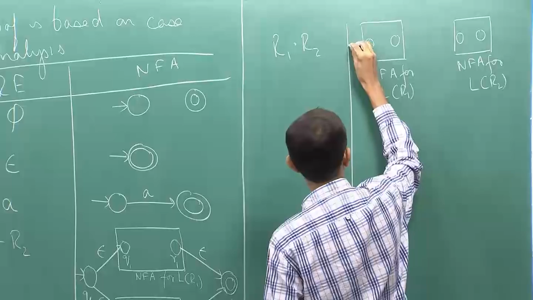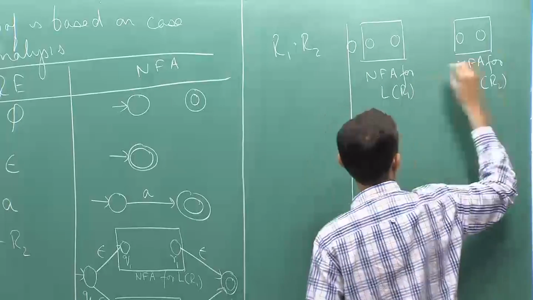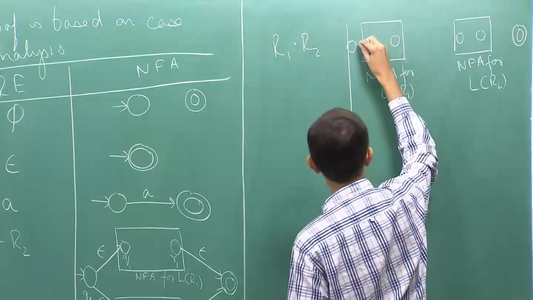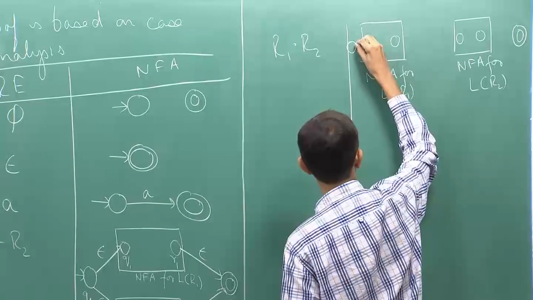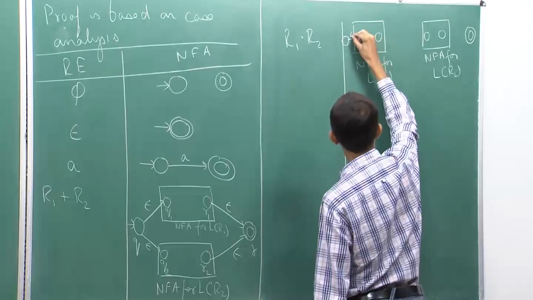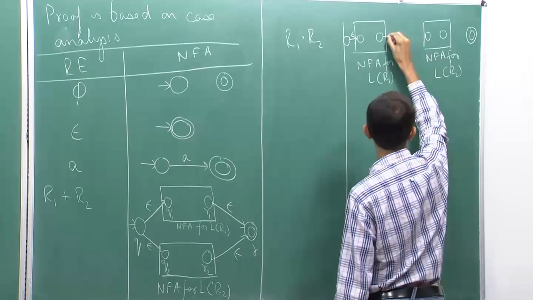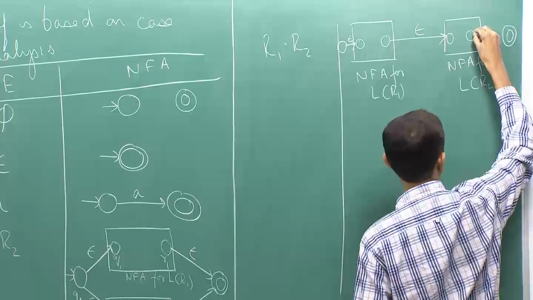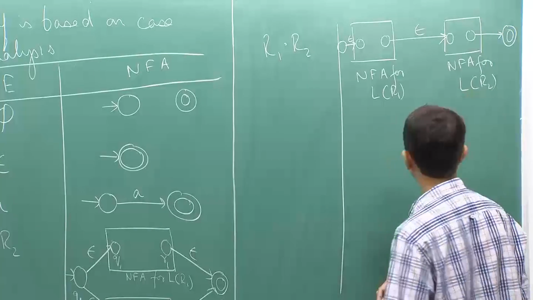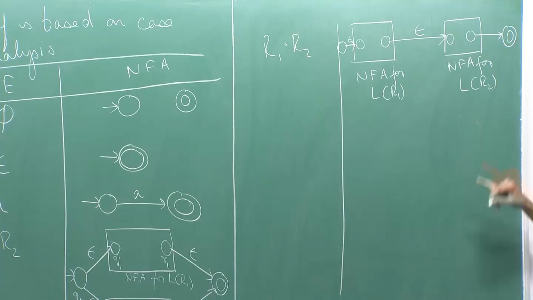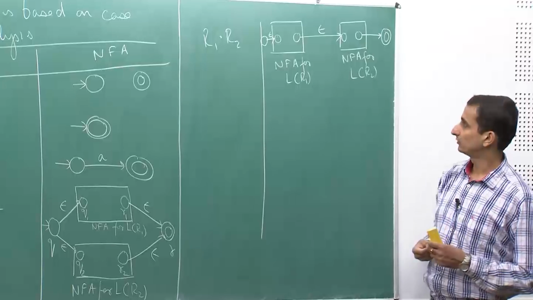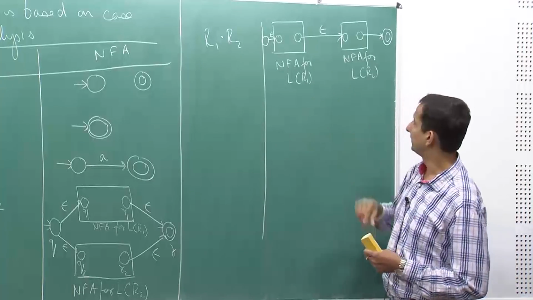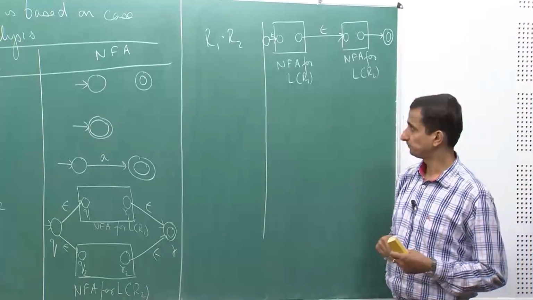I add a global start state and a global accept state, and I just connect using epsilon transitions. So, from this to this, from this accept state to this start state, and then from this accept state to our new accept state. So, this is the NFA for L of R1 concatenated with L of R2.